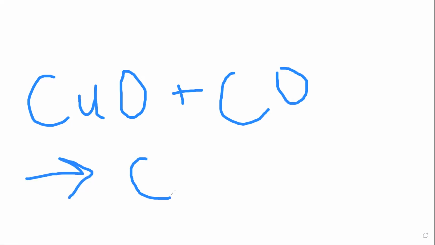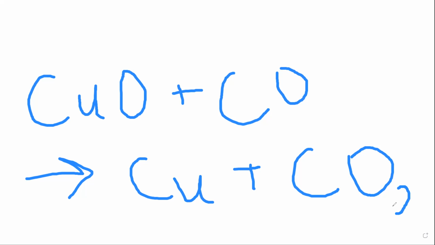This is copper oxide reacted with carbon monoxide under certain conditions, and it is converted into copper plus carbon dioxide gas. Now we have to identify which substances went through the oxidation process and which went through the reduction process in this chemical equation.